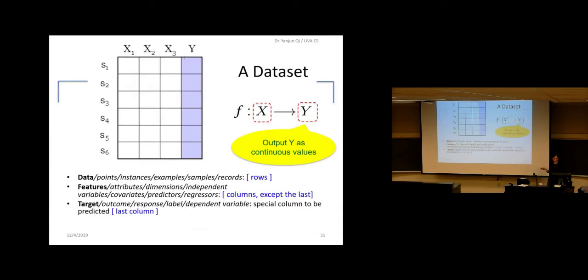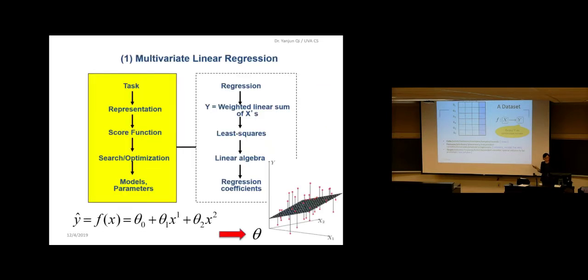Let's do this quickly. So regression is where y is a continuous variable. For the first, linear regression, y is represented as a weighted linear sum of x, and the scoring function is least square. And the search, you can just do linear algebra, or stochastic gradient descent, or mini-batch stochastic gradient descent, which you covered in the homework. The model is just the regression weights.